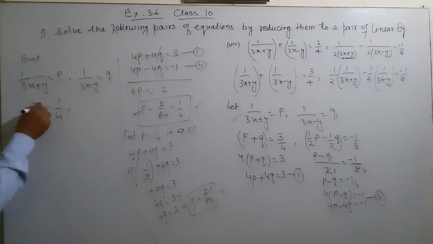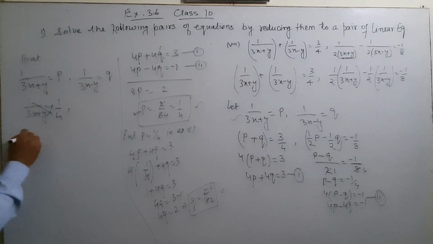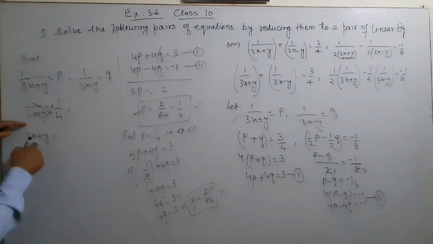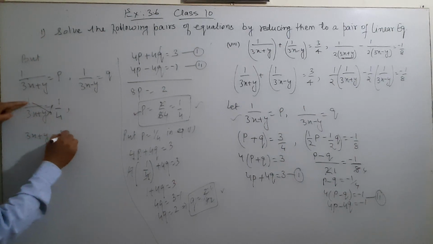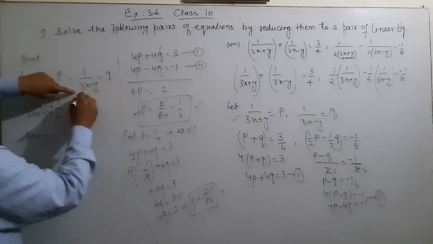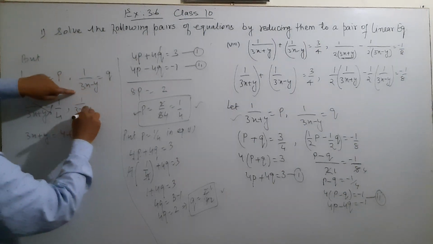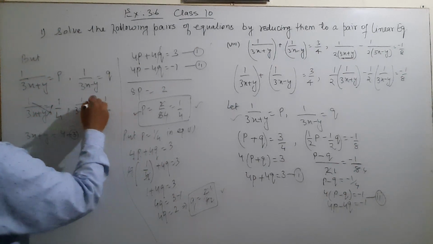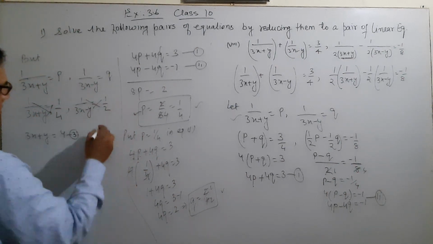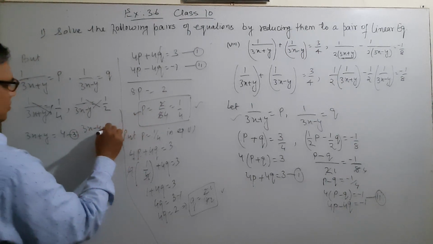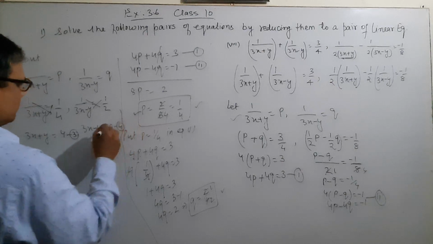Cross multiply: 3x plus y is equal to 4, equation number third. And now 1 by 3x minus y is equal to Q, which is 1 by 2. Cross multiply: 3x minus y is equal to 2. This is equation number 4.